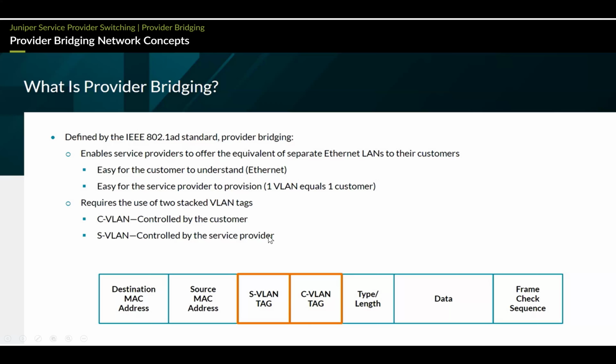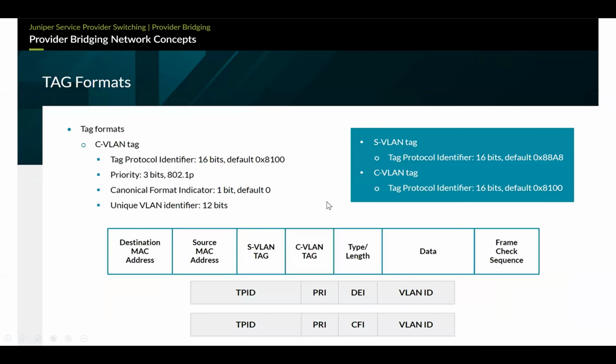So in the layer 2 frame, they have both VLAN tags, the S-VLAN tag and the C-VLAN tag. The S-VLAN tag protocol identifier uses 16 bits by default, and the C-VLAN tag also uses the same 16 bits.